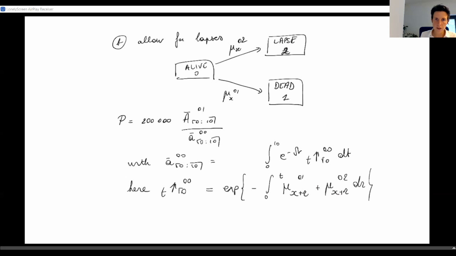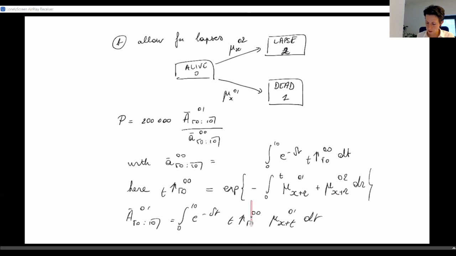And if I look at the EPV of the insurance product, that will be similar. So I've got the integral from 0 to 10 of e to the power minus delta t, tp50 00, and then mu x plus t 01 dt. And of course, here again, for the survival probability, I will have to work with this particular expression.